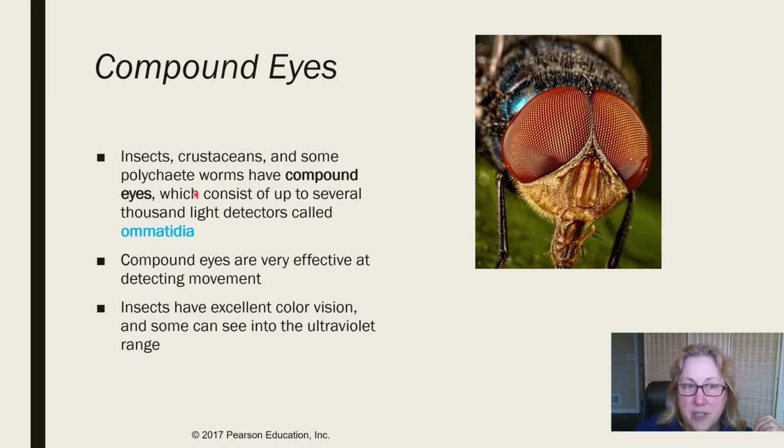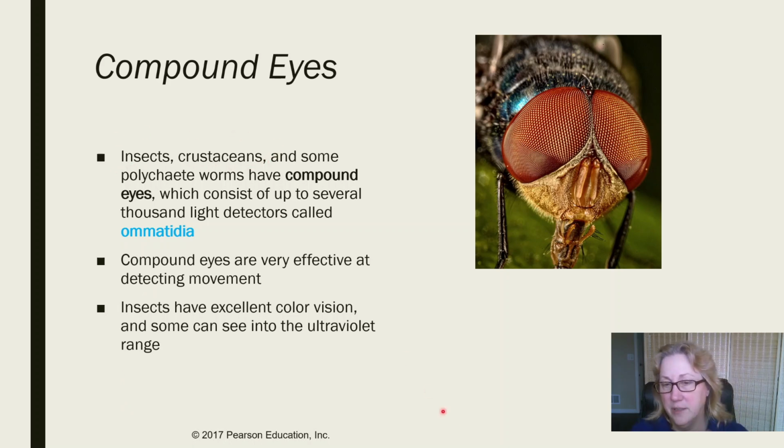Insects and crustaceans, if you remember, are actually quite closely related. Within the arthropods, insects and crustaceans are in the same order. And that kind of makes sense. They have the best vision among arthropods.